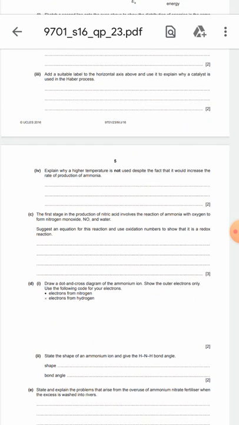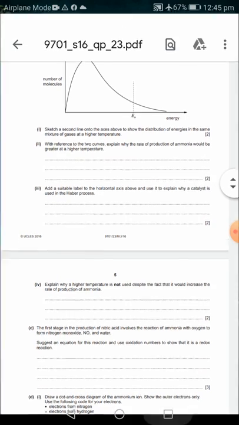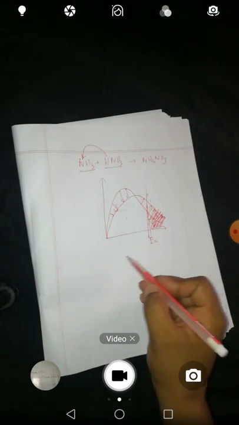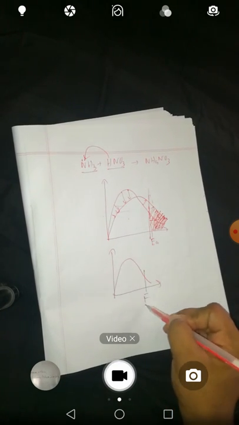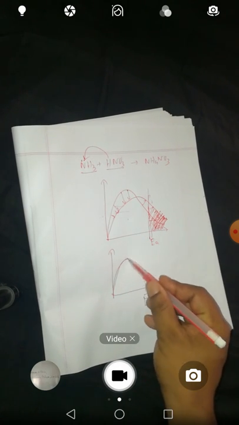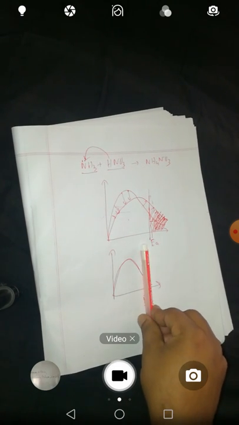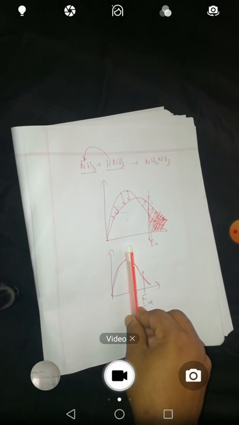Add a suitable label to the horizontal axis above it to explain why a catalyst is used in the Haber process. This is very important. Suppose this is the curve, and this is the line of activation energy. When you add a catalyst, the shape of the curve does not change. Instead, activation energy decreases. That means it shifts backward.